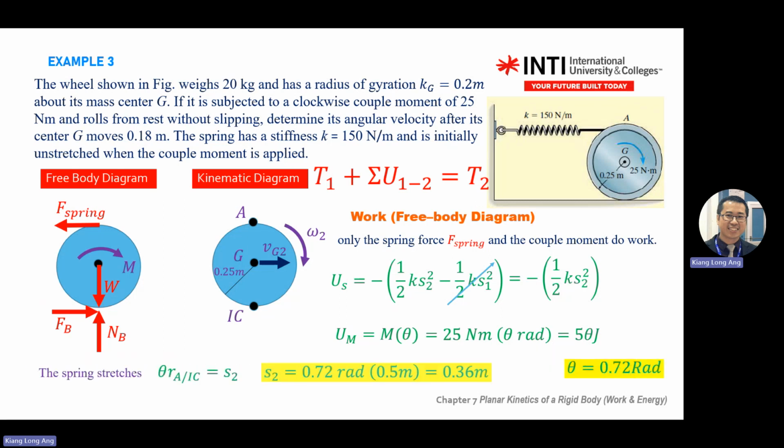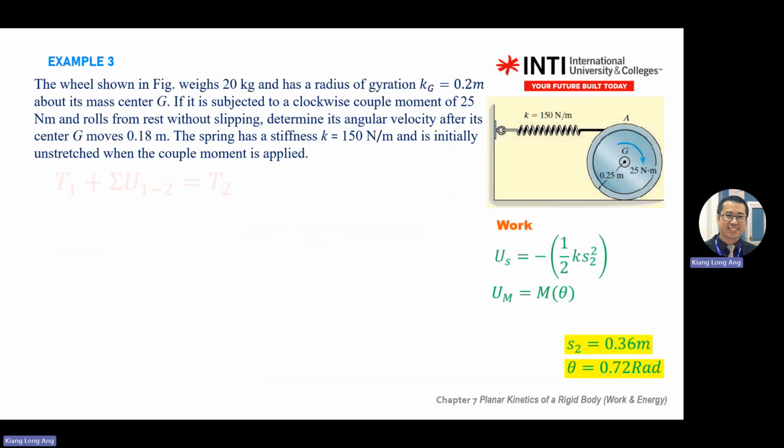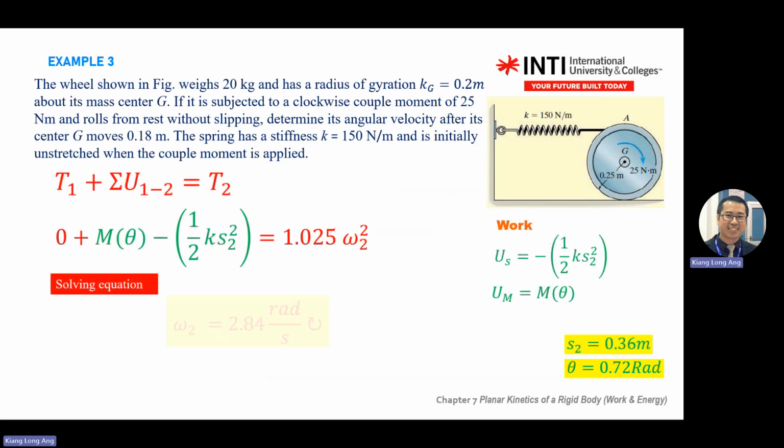Once you have the radian, you're able to find the missing parameter. Once you find the angle, you should be able to find the distance traveled by the spring. Then you substitute that and solve, and you're able to find your omega.